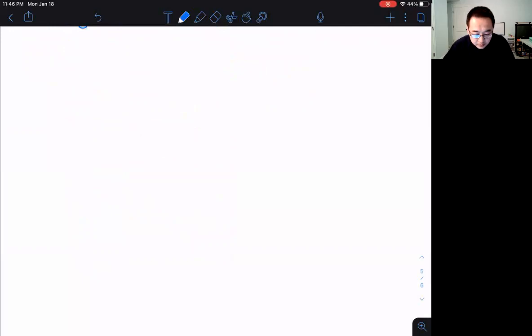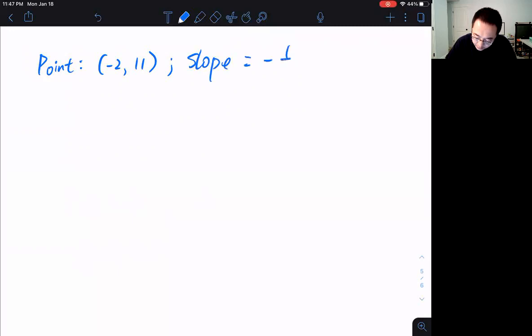Now I guess we can do some practice. Once I give you the question, pause it and try to solve it before you come back for the solution. Let's say a line goes through the point (-2, 11) and has a slope of -1/3.